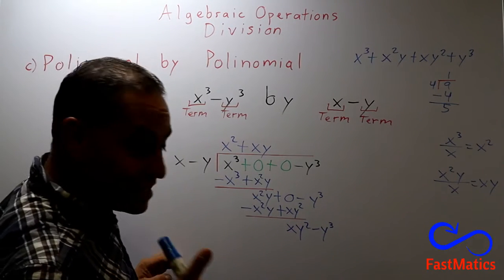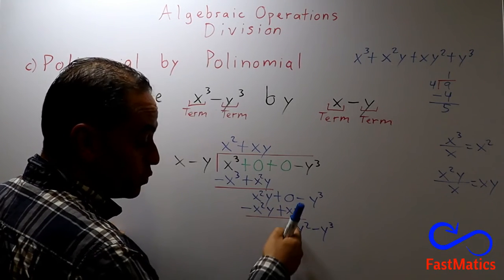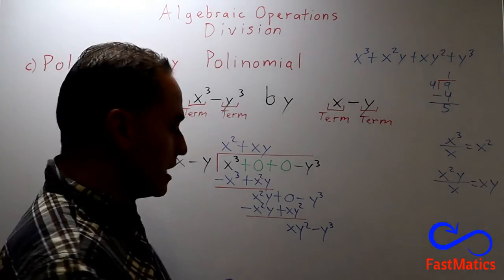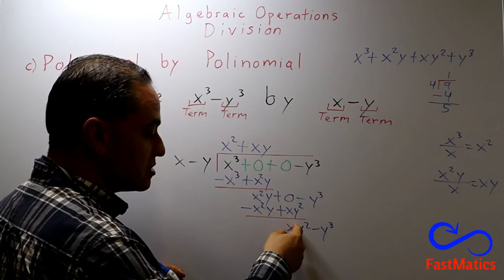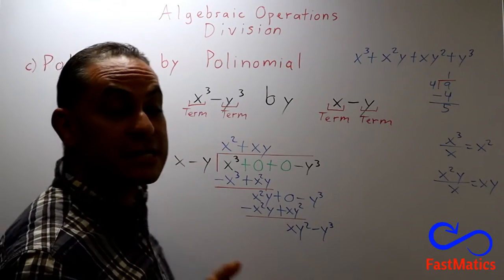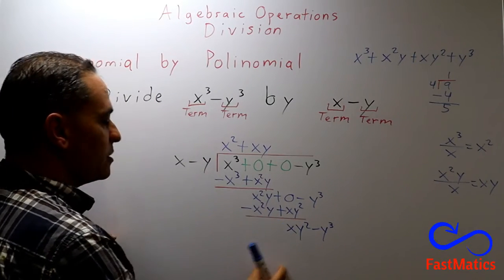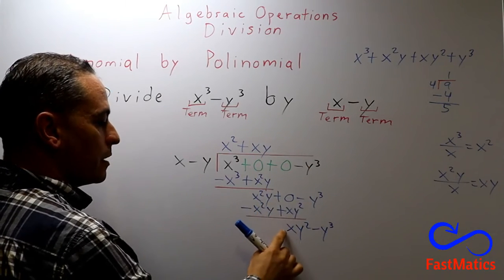I can see that here I have a 1 as exponent and here also a 1. I can follow. If this exponent, I repeat, if this exponent is smaller than this exponent, I stop. I have finished. So the first term divided by the first term, and I put that here.